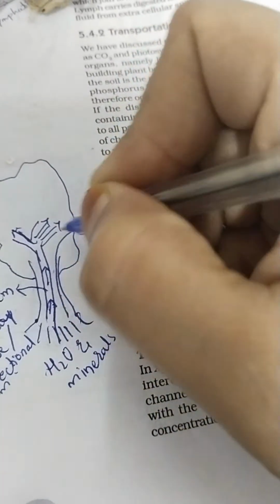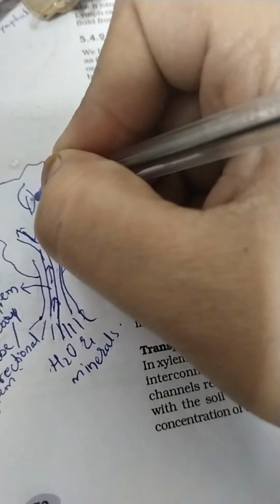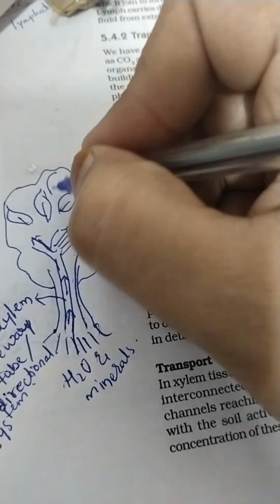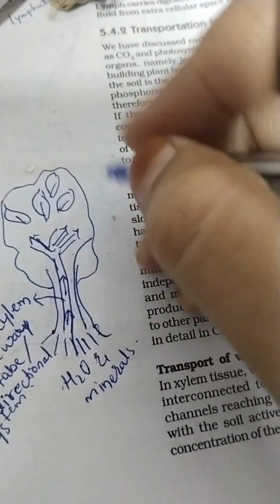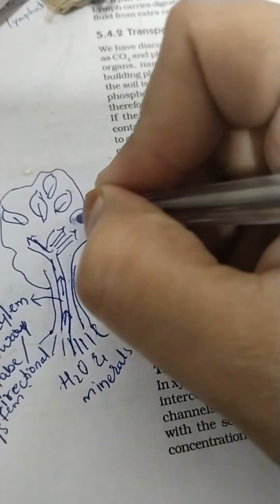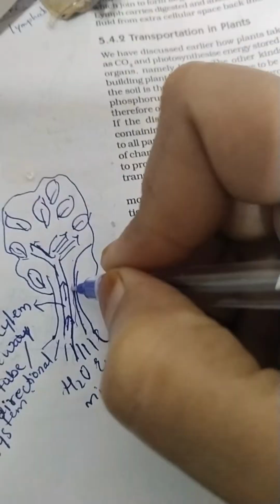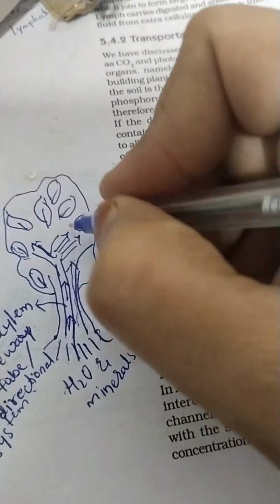Why it is considered as a two-way means here all the leaves are present above the tree. But here what is going to happen? Whatever the things absorbed and utilized here, they are in a two-way.